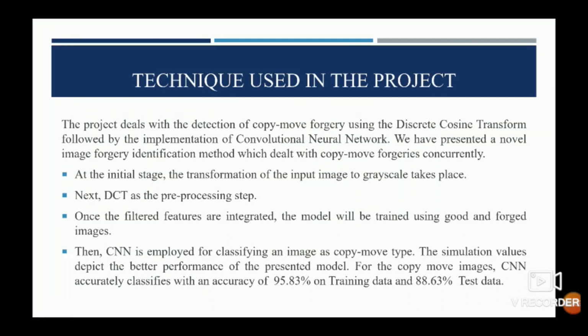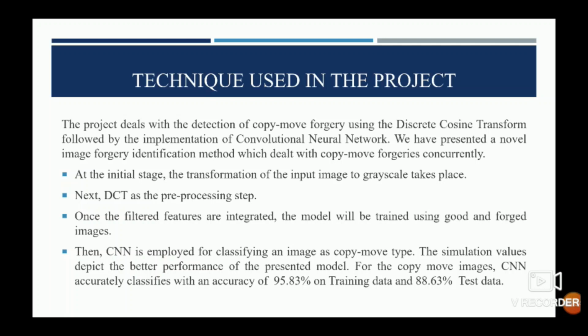Techniques used in our project. The project deals with the detection of copy move forgery using DCT, followed by CNN. At the initial stage, first of all, we transform the input image to grayscale. Why grayscale? Basically to reduce certain parameters. Then comes the DCT.